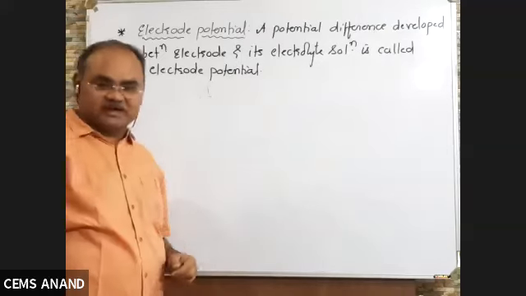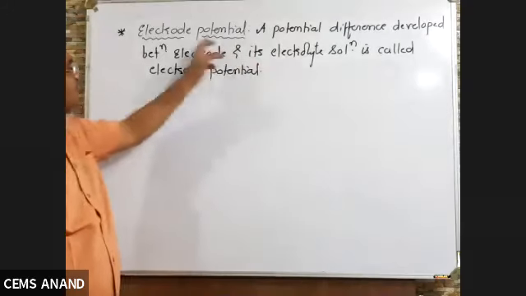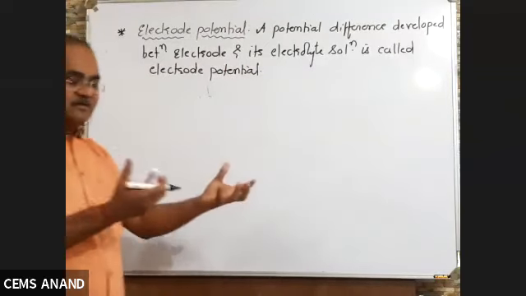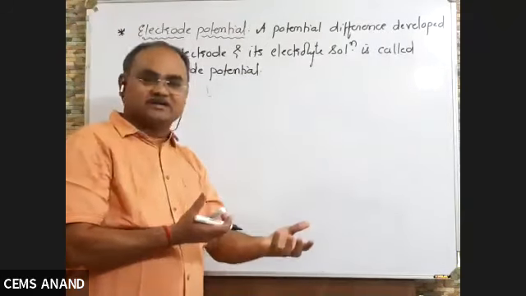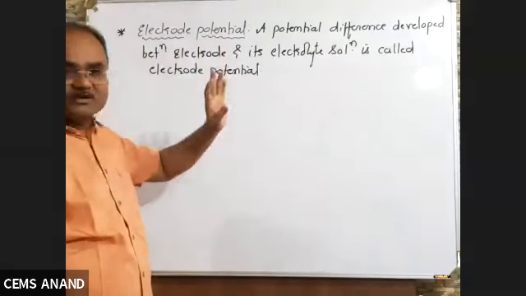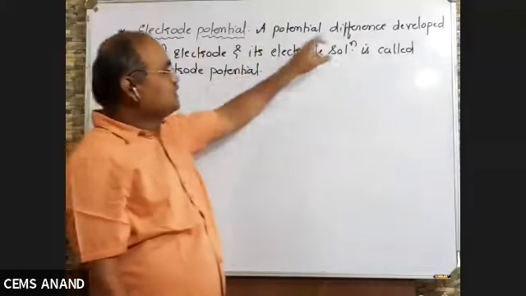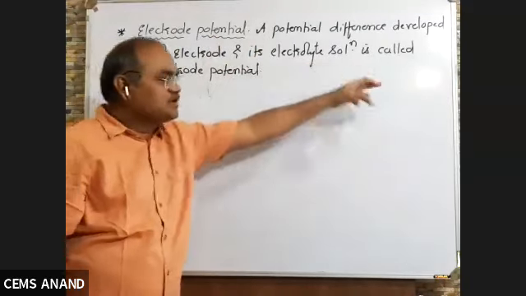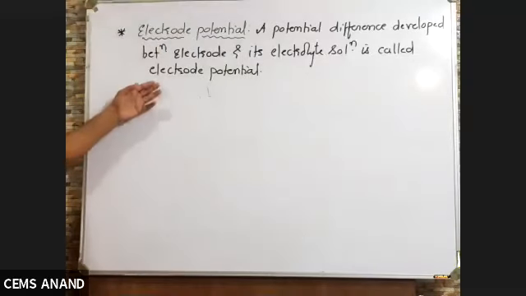That's why we used to write H plus. So that is called electrode potential. We cannot say it is cell potential. Cell potential is when two electrodes are joined together, then it is said to be cell potential. Till then it is said to be electrode potential. So what is electrode potential? A potential difference developed between electrode and its electrolyte solution is called electrode potential.